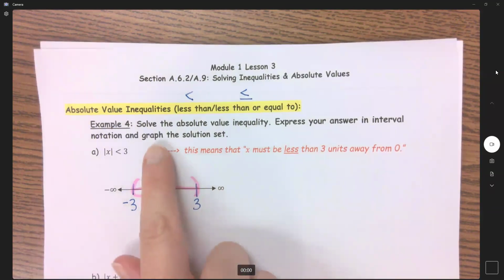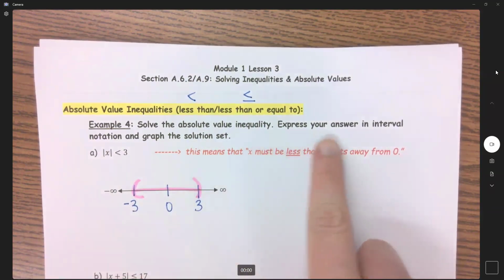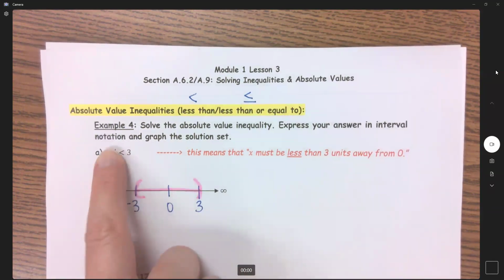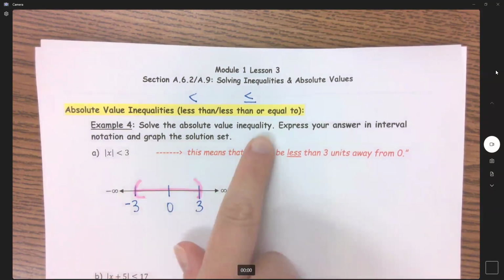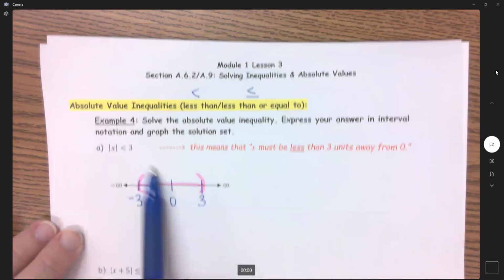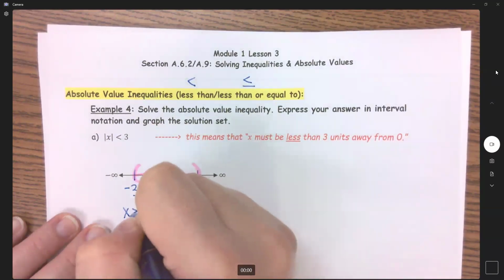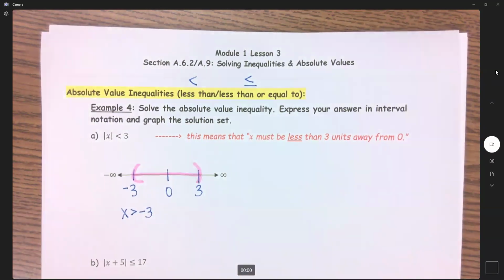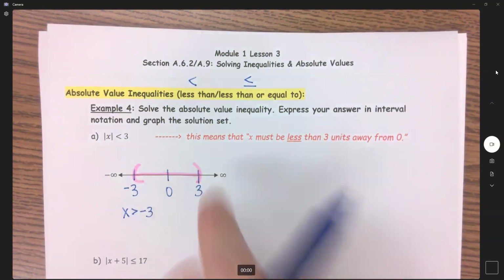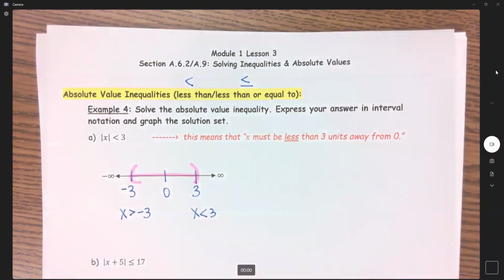So we actually need to graph the solution set. That's where I started. So let's now express this answer in interval notation and also solve the inequality. If I solved this portion over here, this graph reads that X must be greater than -3, while this side over here is showing that X must be less than 3.